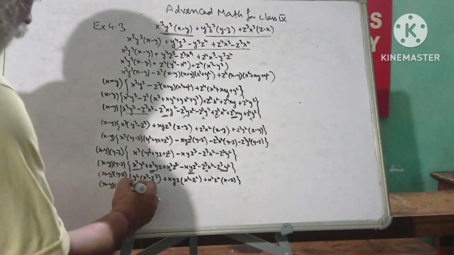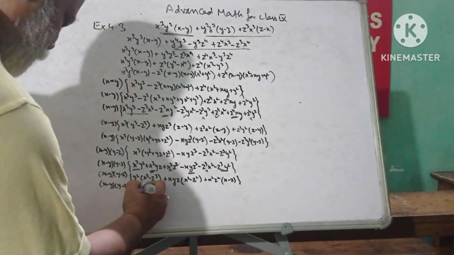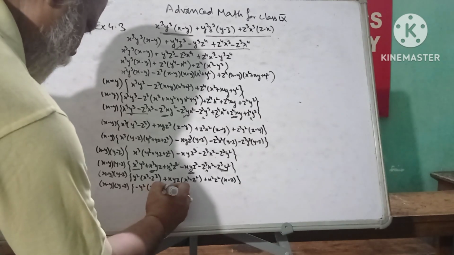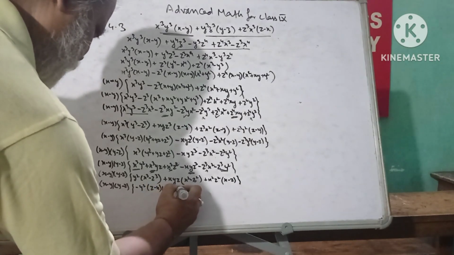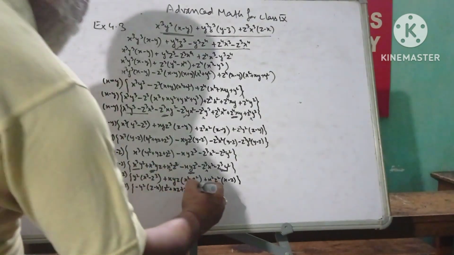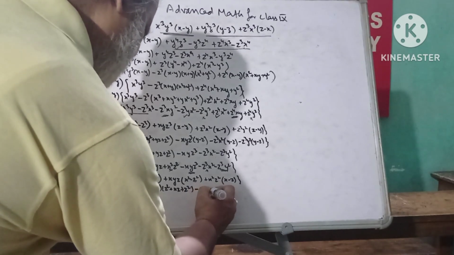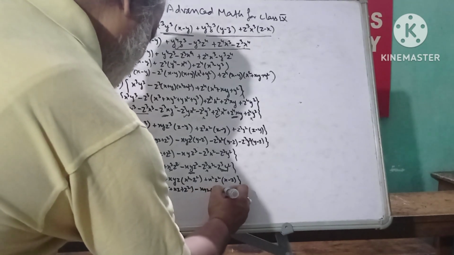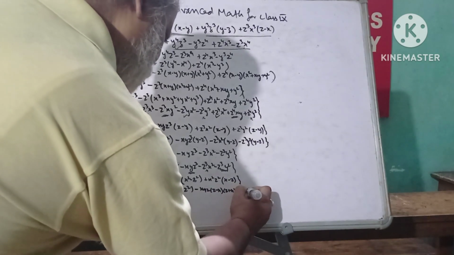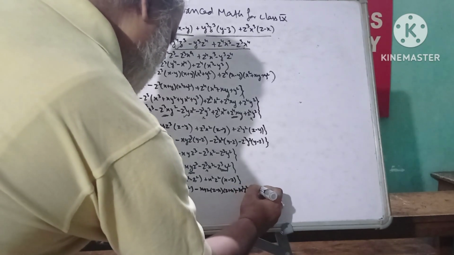We have to take minus common to get z minus x. So this will be y square z minus x, z square plus xz plus z square, and here this will be your again minus common, so this will be x y z, so z minus x and z plus x, and here again minus common, x square z square, this is z minus x.